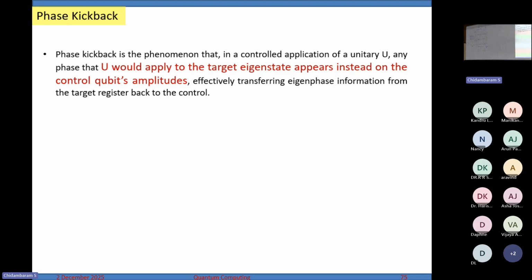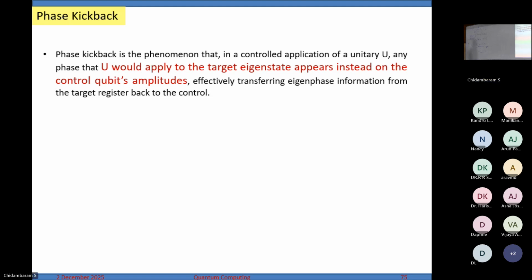Your phase got changed. That's called phase kickback. It is one of the interesting aspects of quantum computing, where instead of the target's amplitude being influenced, the phase of the control qubit gets changed, and hence your plus became minus. This is called phase kickback.